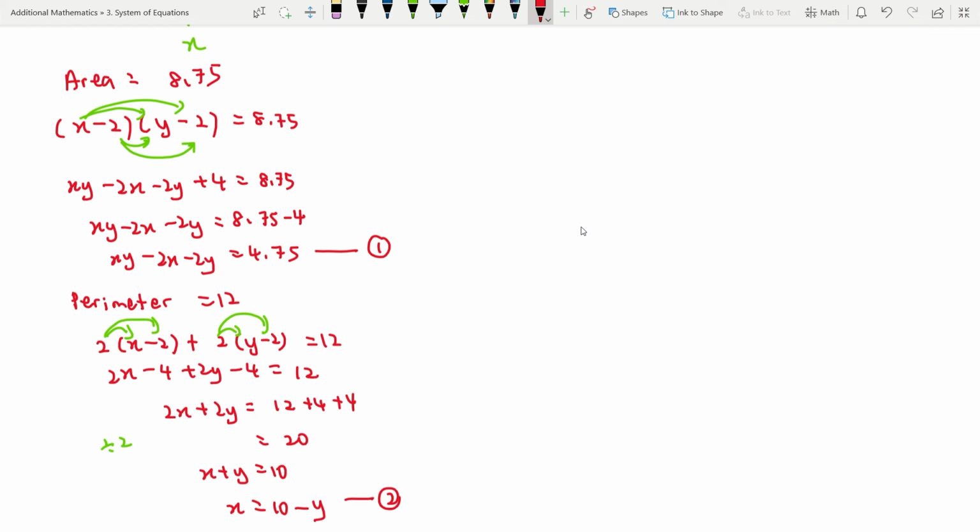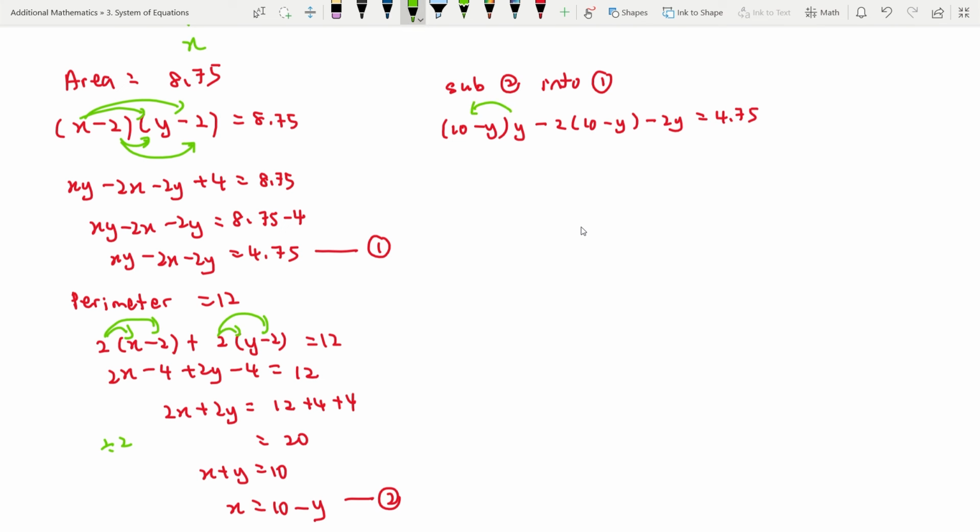We continue solve for our simultaneous equations. Substitute equation 2 into equation 1. 10 minus y multiplied with y minus 2 multiplied with 10 minus y minus 2y is equal to 4.75.